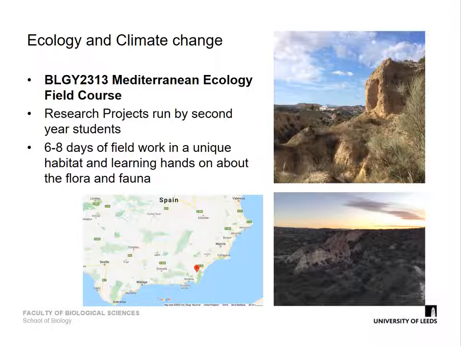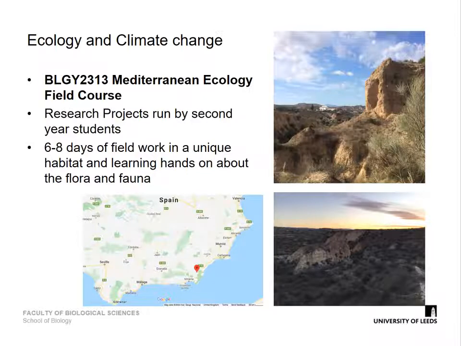And we take students to this area because actually this is a dry, arid region, and the ecology of this region is very similar to what we expect most of the Mediterranean basin to be like as a result of climate change. We're generally out in the field for about 10 days in total, during which we get 6 to 8 days of field work.